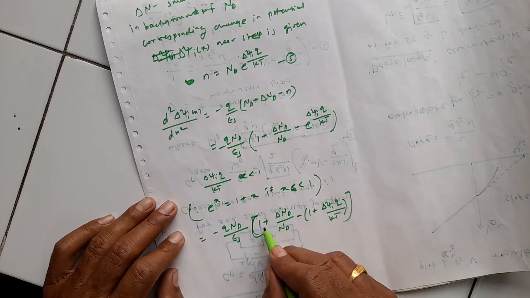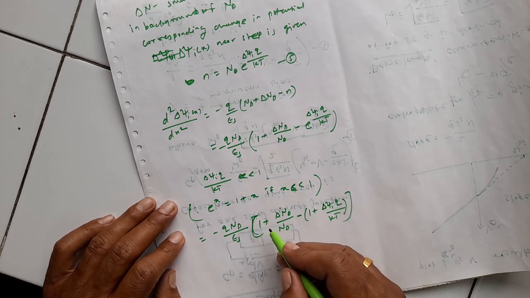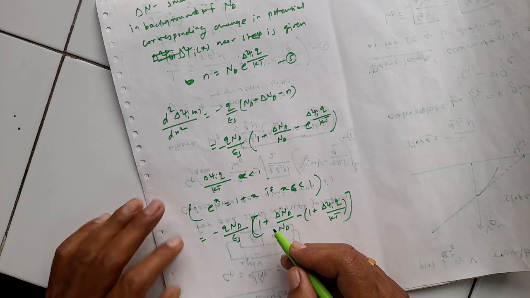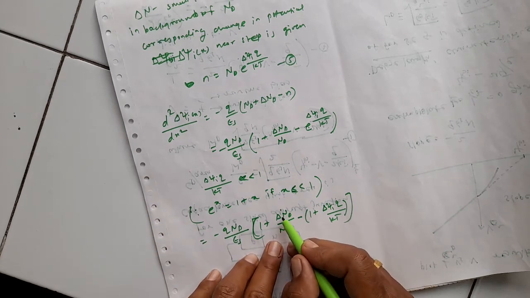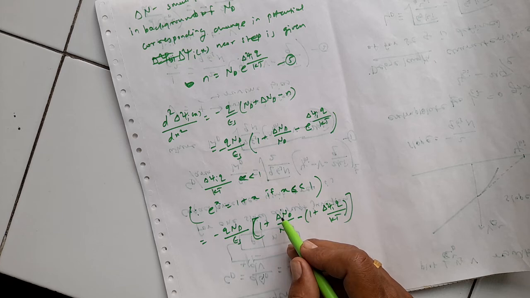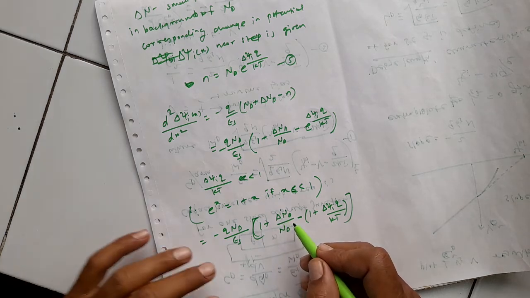So this minus 1 gets cancelled with this plus sign, and what remains, if this delta n is very small, delta N D by N D will be very small.